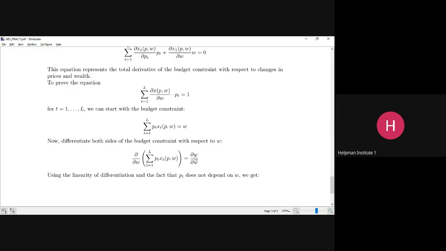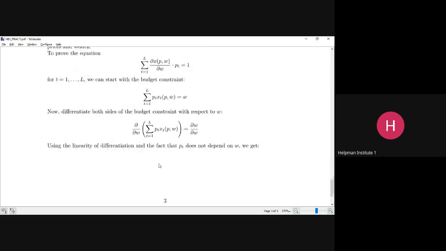When you differentiate this equation with respect to wealth, you're going to have 1. Then we apply our product rule of differentiation again. You hold your P constant, you differentiate X partially with respect to wealth, then you sum it to the differentiation of X partially with respect to P.